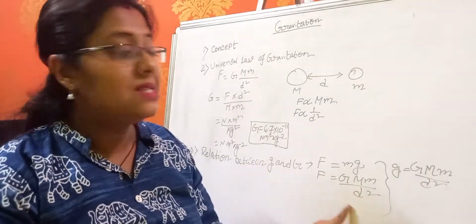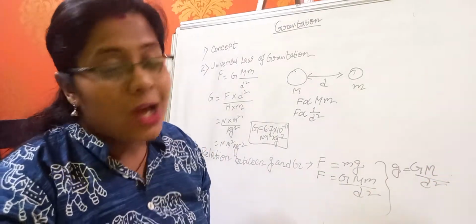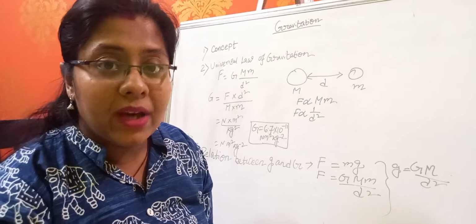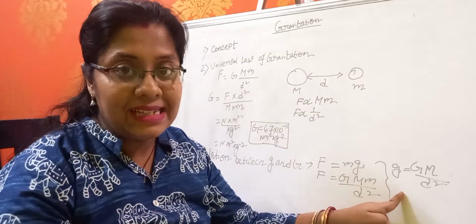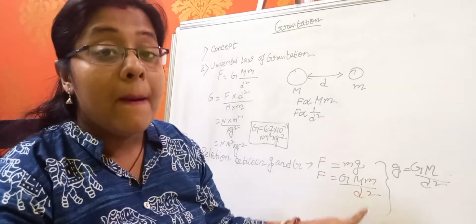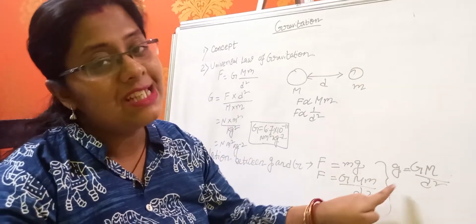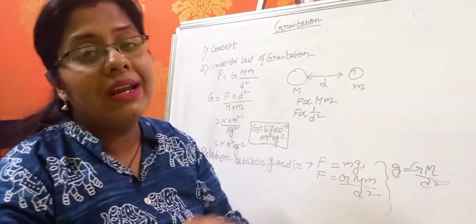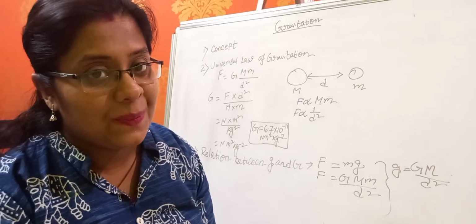Now from both sides you can cancel small m. So what will you get? Small g equal to capital G into capital M by d square. GM by d square. This is the relation between small g and capital G.